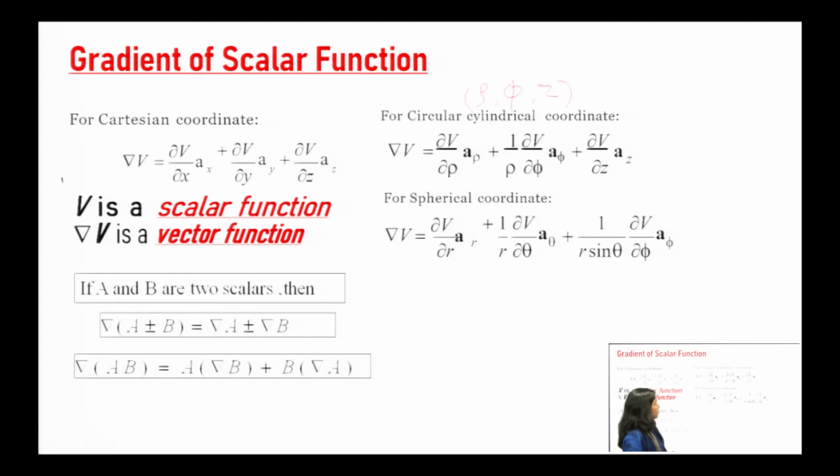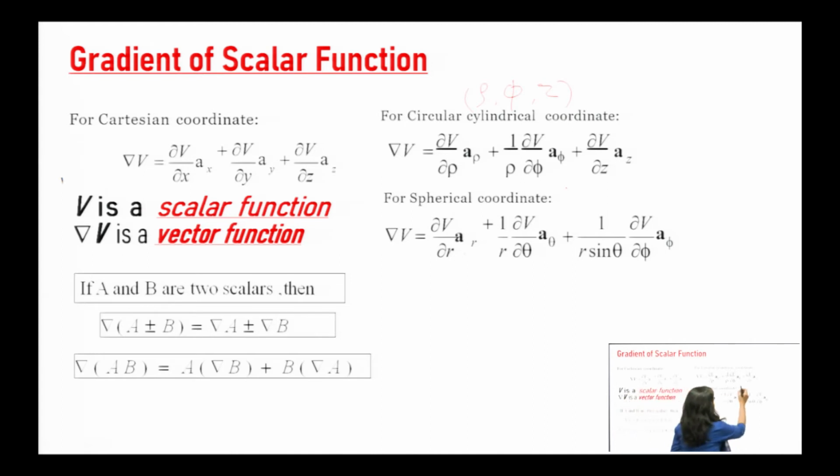Similarly, for spherical coordinate, the gradient of V can be defined as dV by dr ar, 1 by r dV by d theta a theta, 1 by r sin theta dV by d phi a phi.